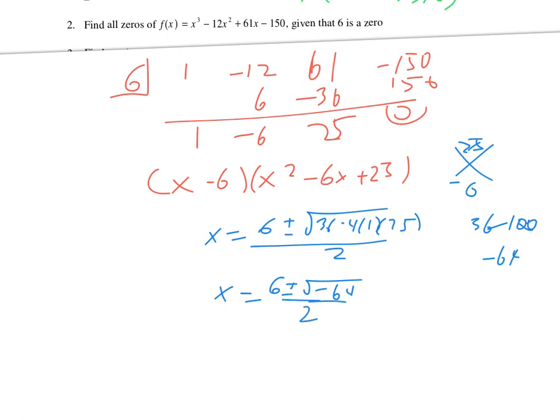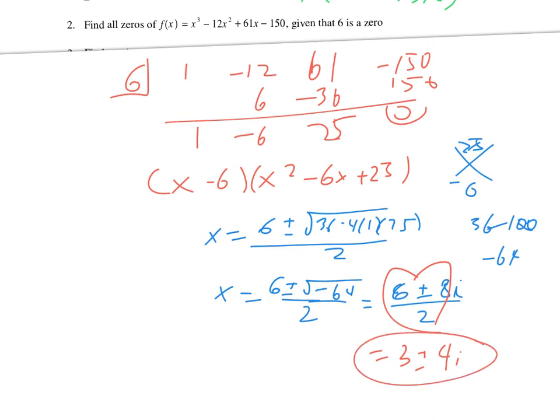And so the square root of 64 would be 8, so the square root of -64 would be 8i, over 2. And I reduce that, so I get 3 plus or minus 4i.